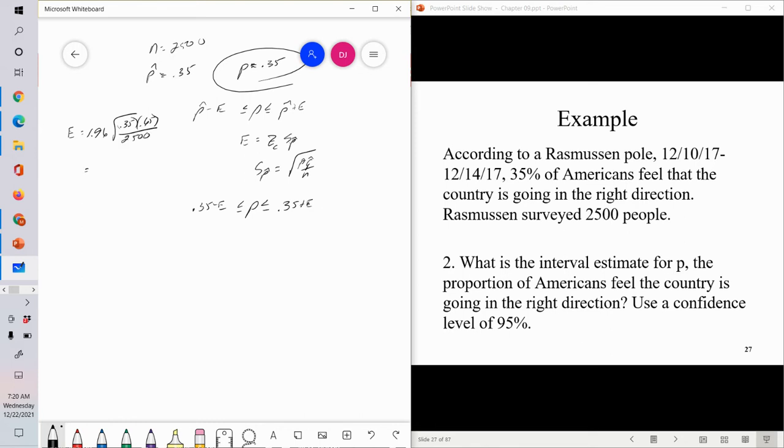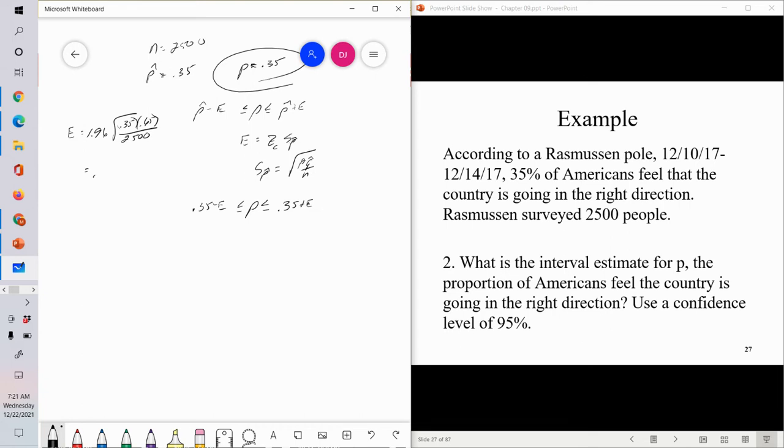Okay, so now we use our calculator. I do not have a calculator again on this computer, so I'll let you calculate that on your own as I do it as well. 1.96 times the square root of 0.35 times 0.65 divided by 2,500.